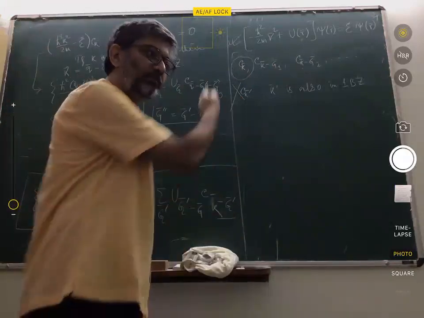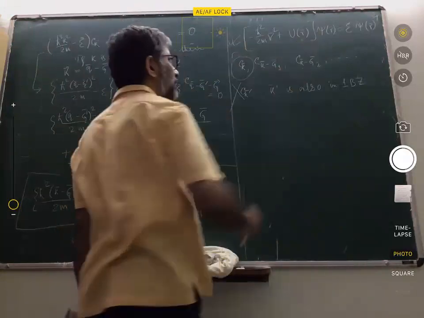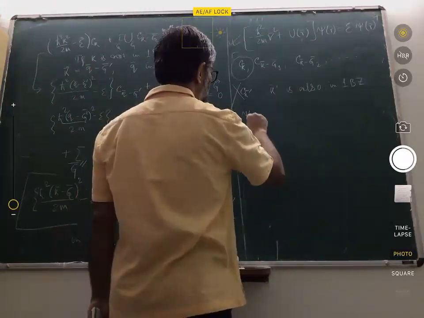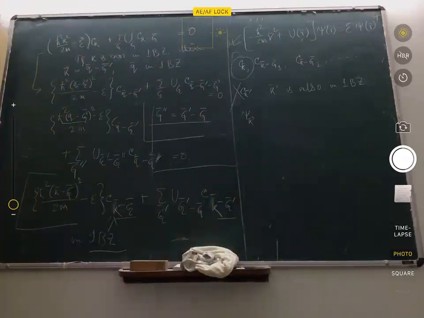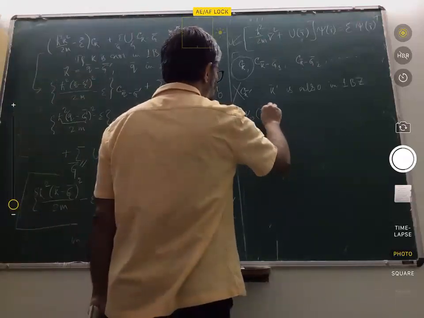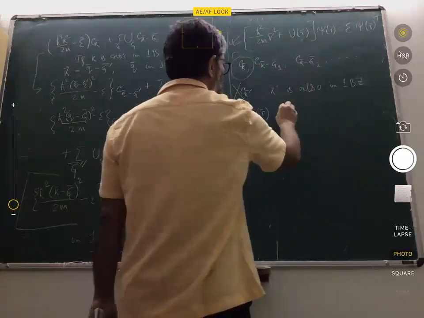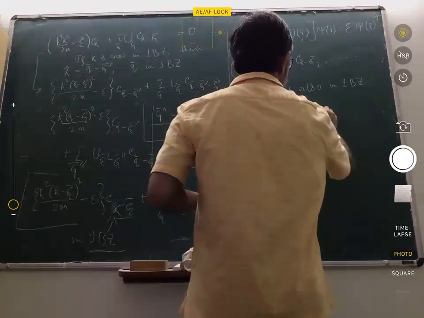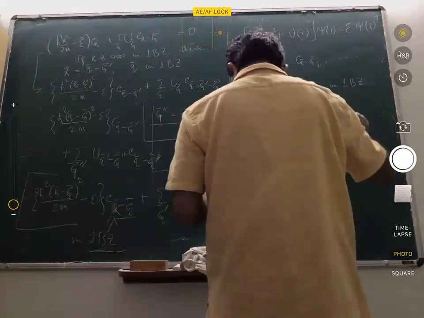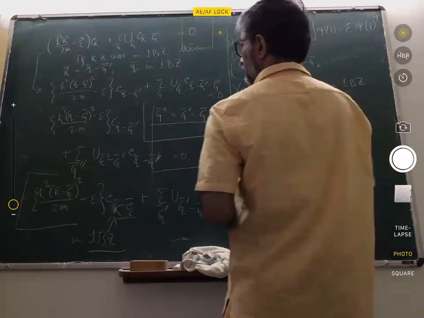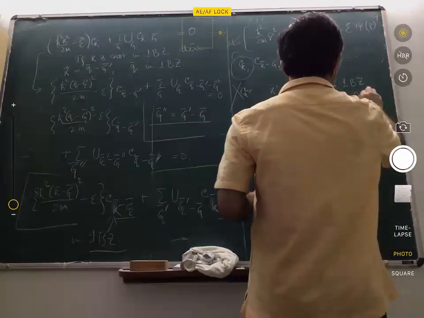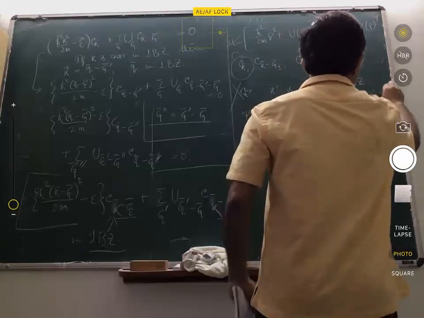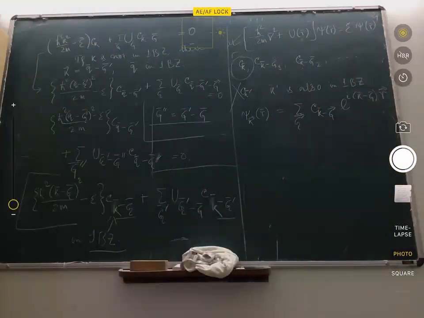Okay. So if you understand that, you also understand why this index k comes. I'm solving this equation at a particular k point, so I can label that by the k point in the first Brillouin zone as psi k. So I'm solving for psi k of r. And because only these coefficients are coupled, the general form of the solution will be this. This form of the equations tells me that I can write the general solution in this form.